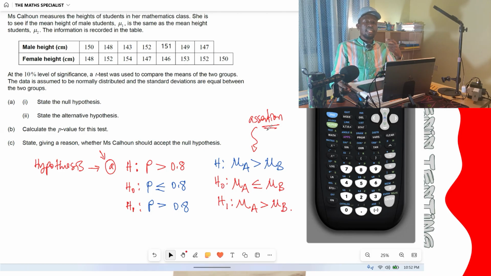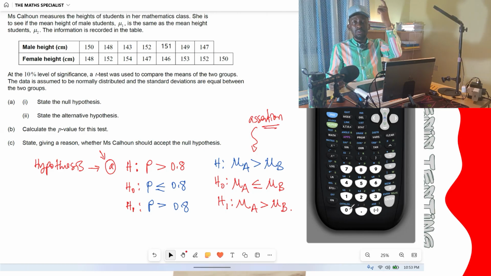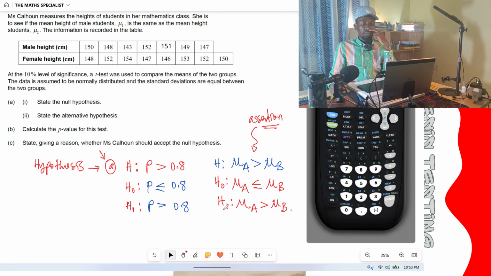And always the null hypothesis is stated in a negative way. It goes against the claim. The alternative hypothesis, which is also known as the research hypothesis, is the one which goes exactly with the claim. So this is how the null and the alternative hypotheses are. We will see in detail on the given problem.